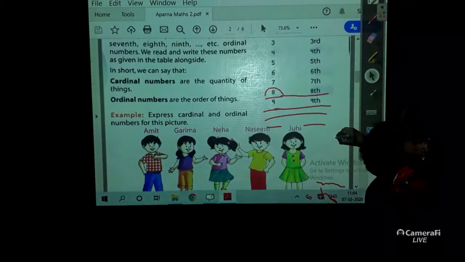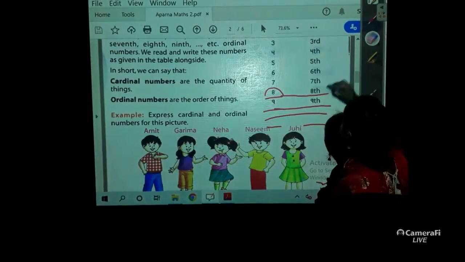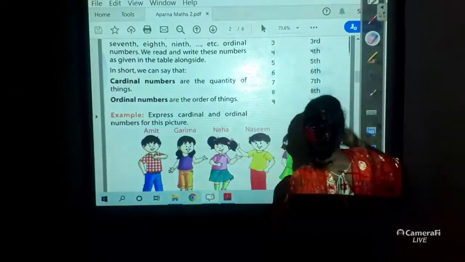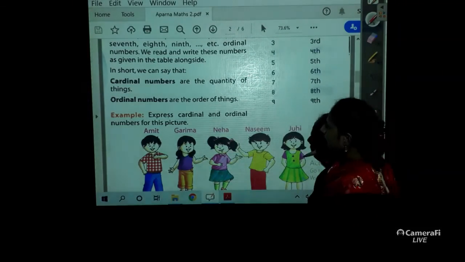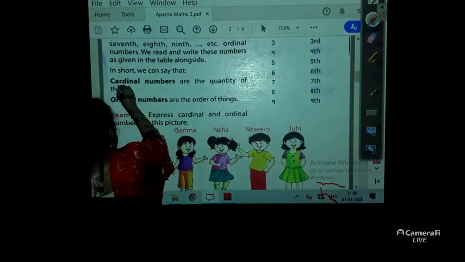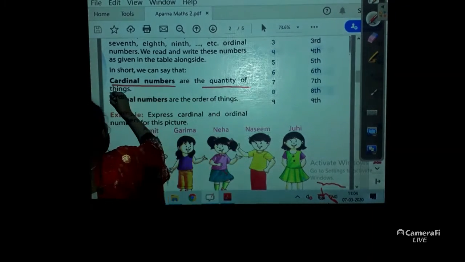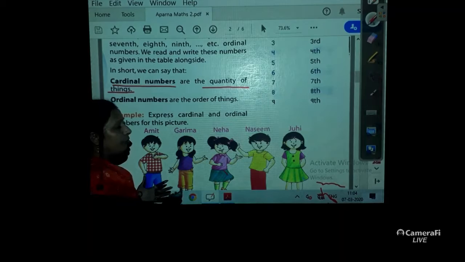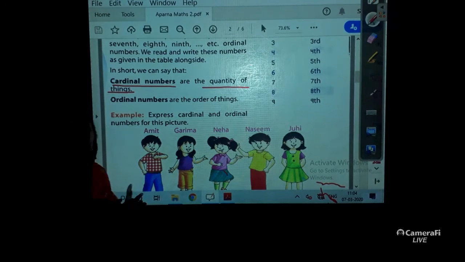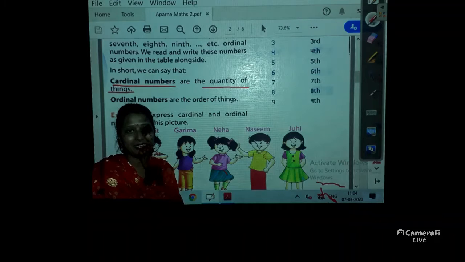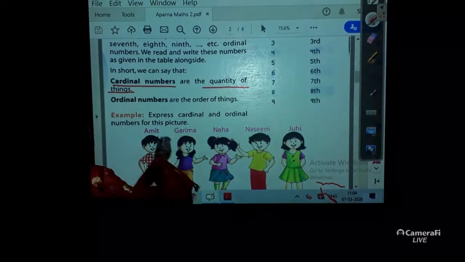So now one definition is there. Cardinal numbers are the quantity of things. So we can say that if 9 students are there, we can easily understand that the quantity is 9, right?